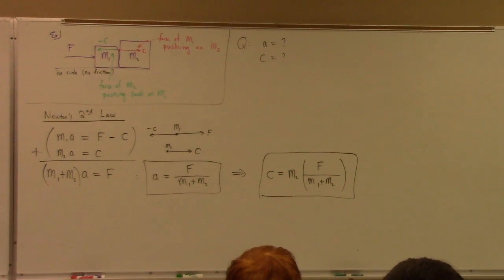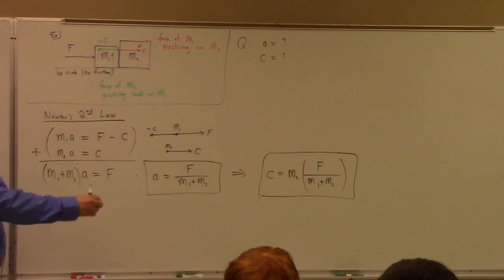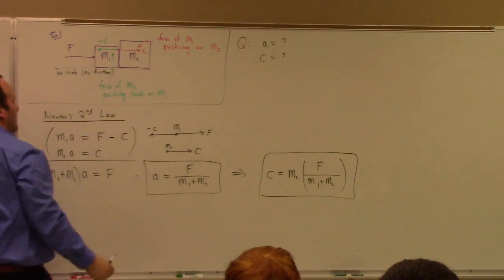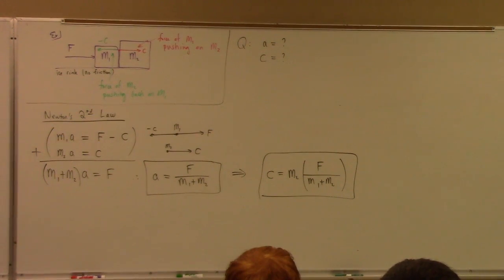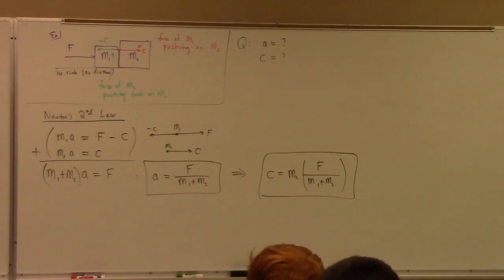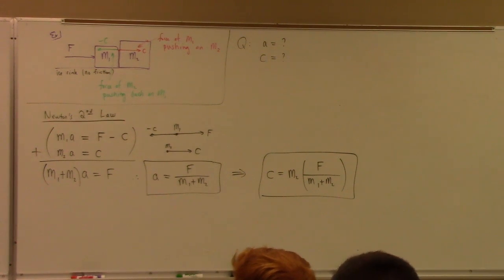And you can think about other kinds of limiting cases. As M1 gets really big and M2 gets very small, the contact force on M2 gets smaller and smaller, and vice versa. Like, if you take a sheet of paper and put a Mack truck on the other side of it, and then you put a force on the piece of paper to push the Mack truck, the force you push on the paper and the force that the paper then pushes on the Mack truck are about the same.